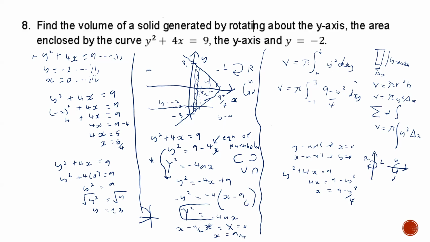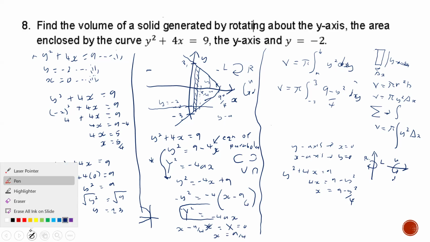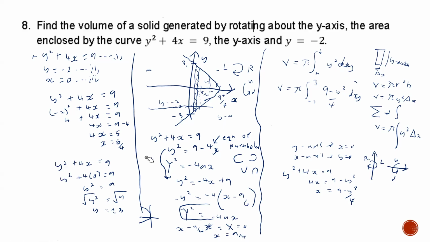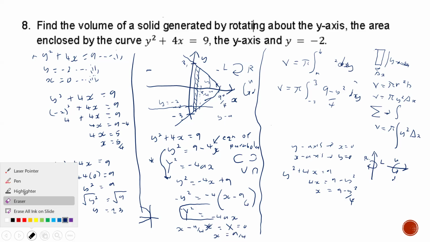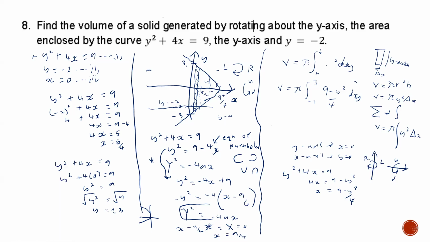So it must be pi integral of x squared, but not y squared. Yeah, x squared, then dy, because we are talking about the y-axis. So in other words, I correct my first thing here, this one here. Yes, that one is true. Thank you, by the way, for that. I had to correct it just like I corrected the substitution. So it had to be x. That's true. Then we substituted it.